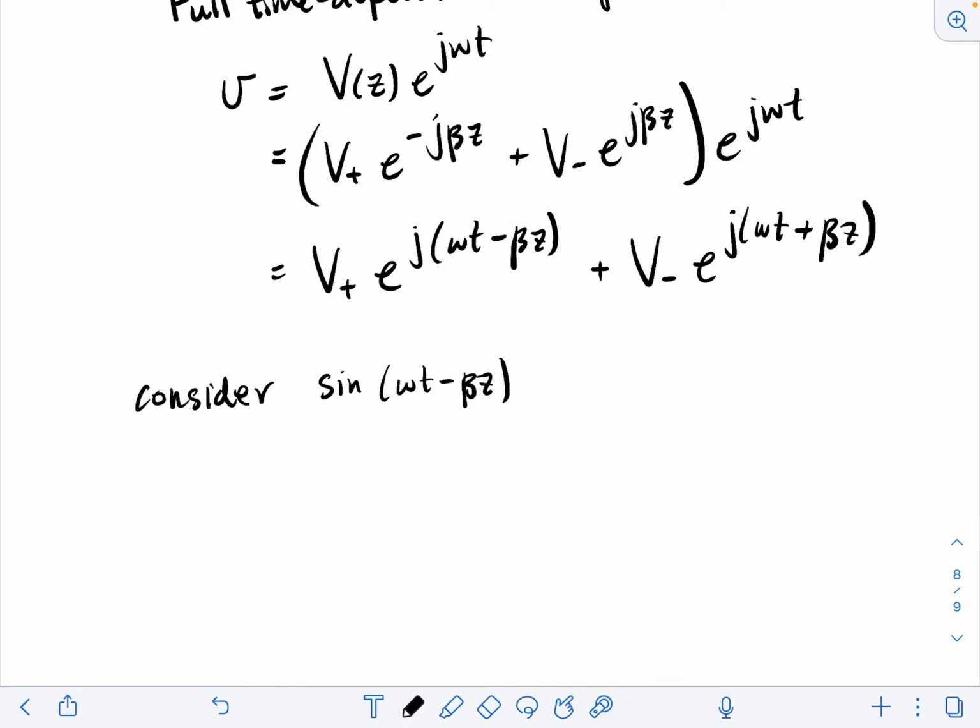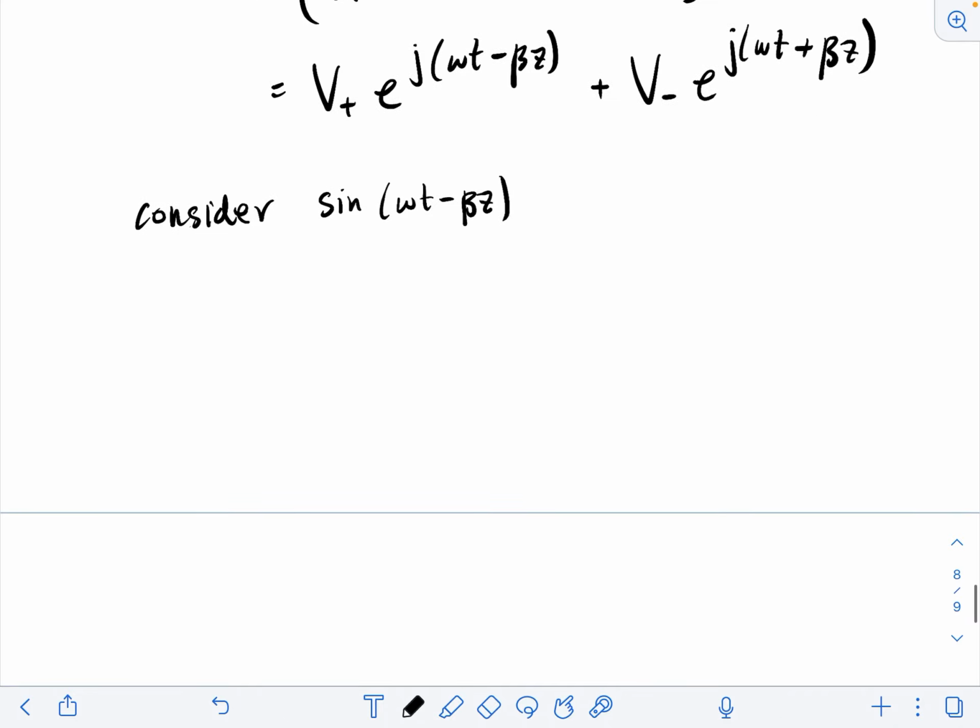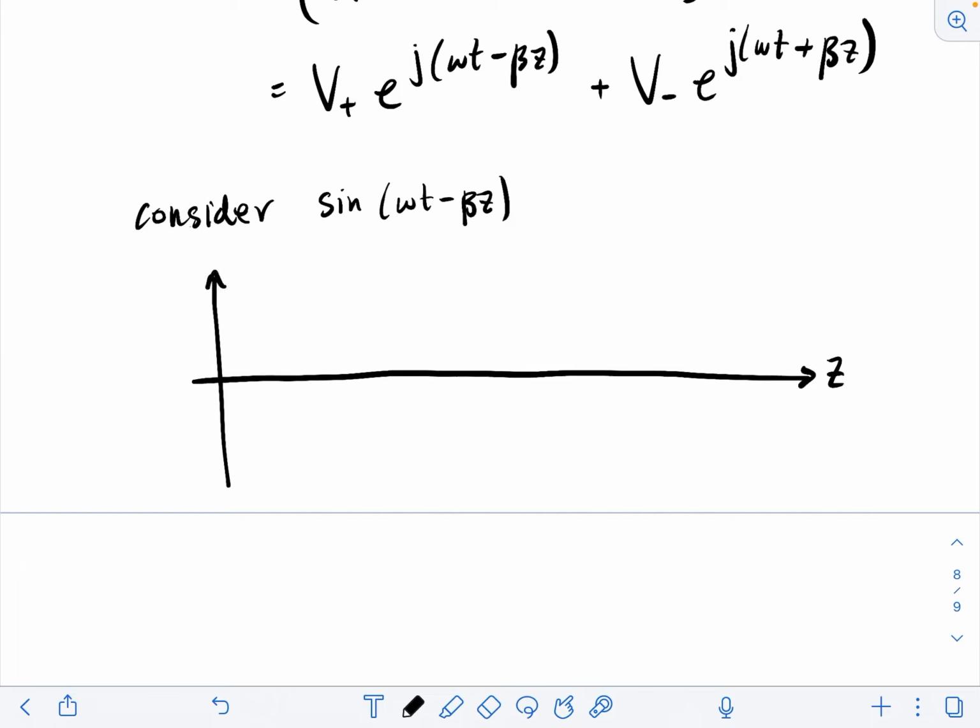So what we'll do is we'll make a plot as a function of z, and on the y-axis we'll put sine of omega t minus beta z. We'll pick some time, let's say a time t1, and at t1 our sinusoidal wave looks something like this.